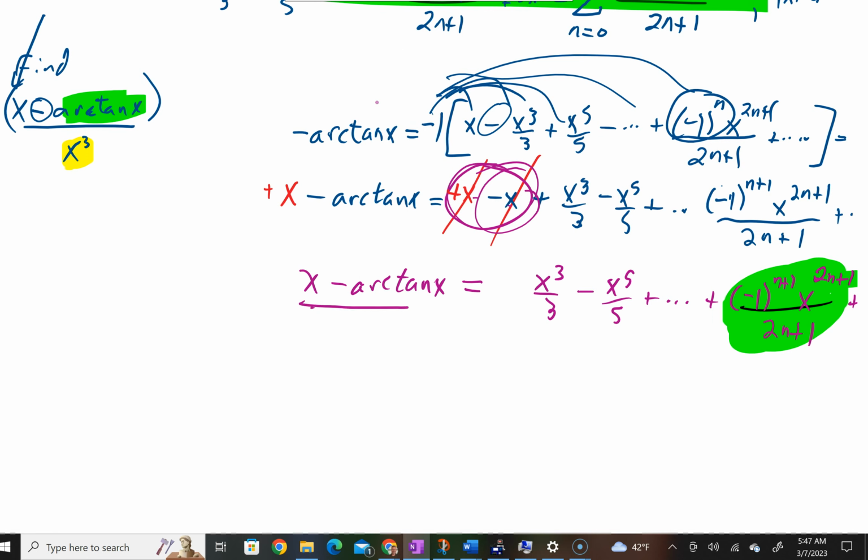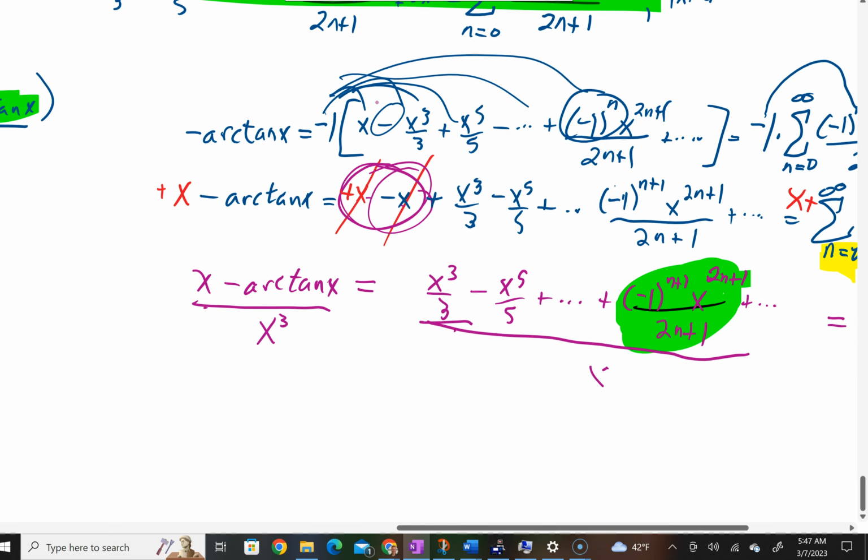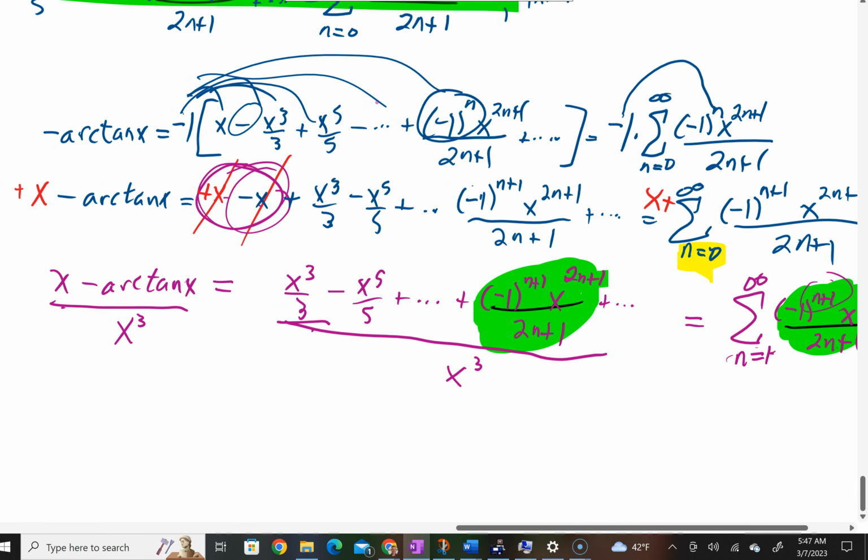So look at this. I'm going to divide by x to the third. And you're saying, well, I divided everything by x to the third. You know what that means? You could, if you wanted to, make a big long division here and say that's x to the third, and then divide that by x to the third.